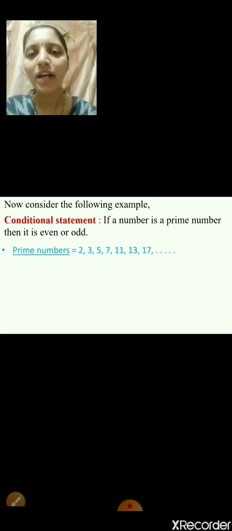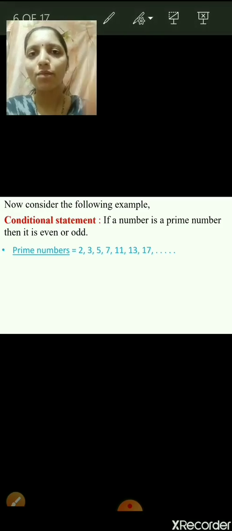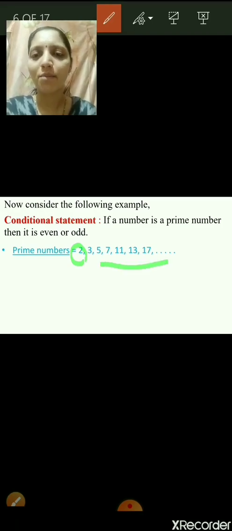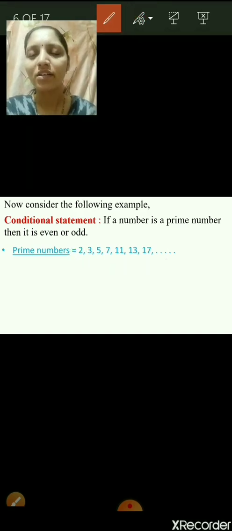So here let's try to write the prime numbers. First prime number is 2, then 3, 5, 7, 11, 13 and 17. So these are some of the prime numbers. If you observe these numbers, you can see that 2 is an even number and rest all are odd numbers. That means if the number is a prime number, then it is even or odd. So that means the conditional statement is true.